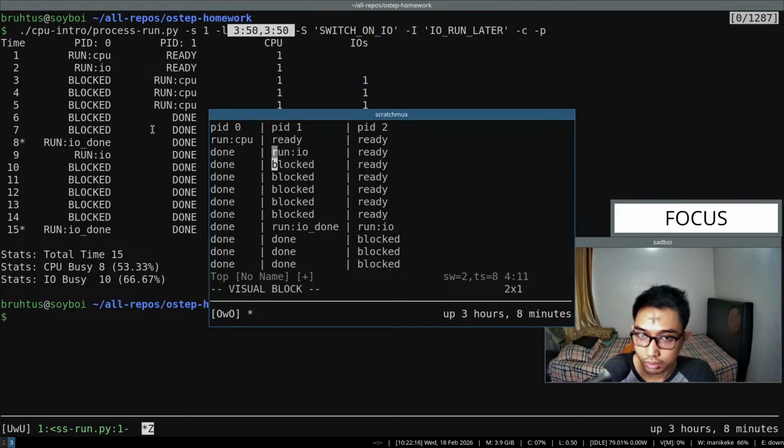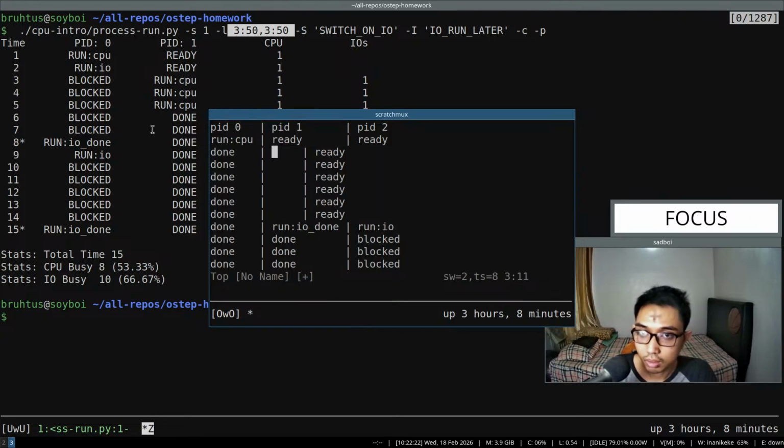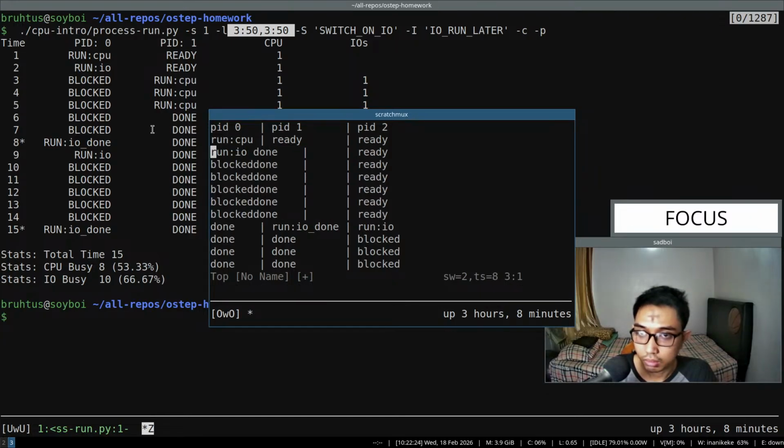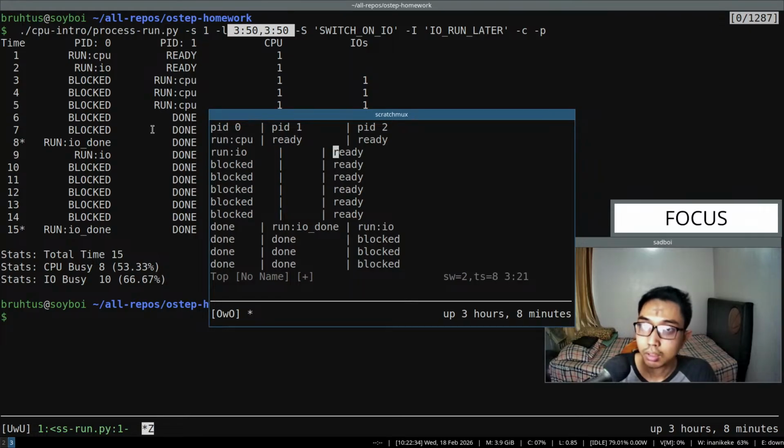So maybe I should change this one to this one. Something like this. And then block.